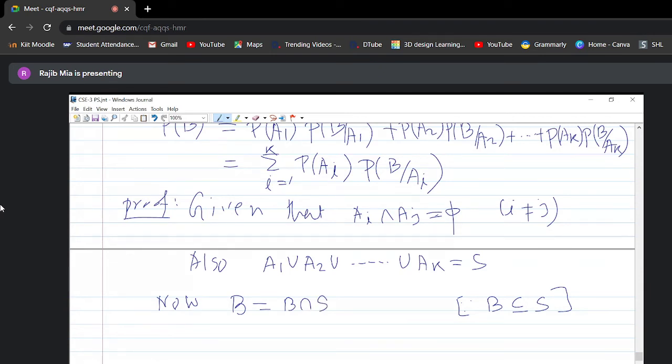Since B is a subset of S, B intersection S is the smaller set B. Now we know S equals A1 union A2 union A3 union dot dot union AK.